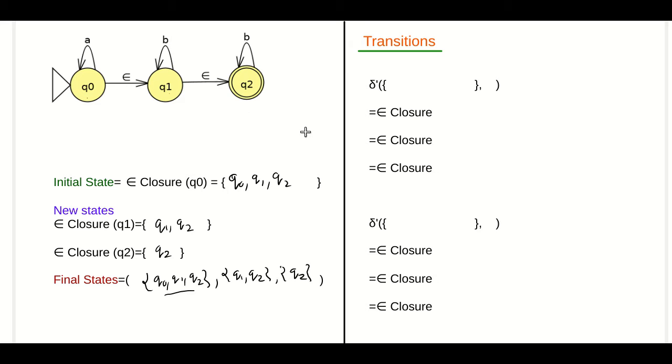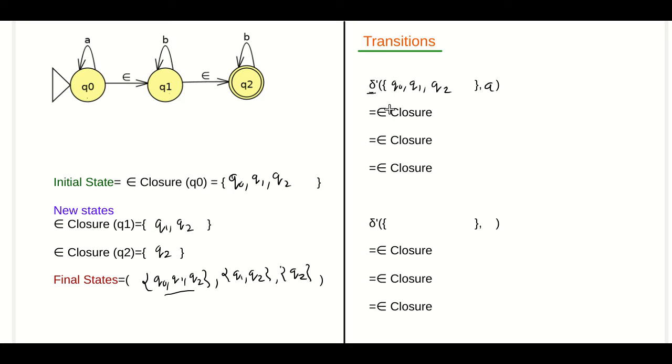Now let's find out the transitions. First we take the initial state, which contains the set Q0, Q1 and Q2, and see where it will go on input symbol A. We will represent the transition as delta dash.